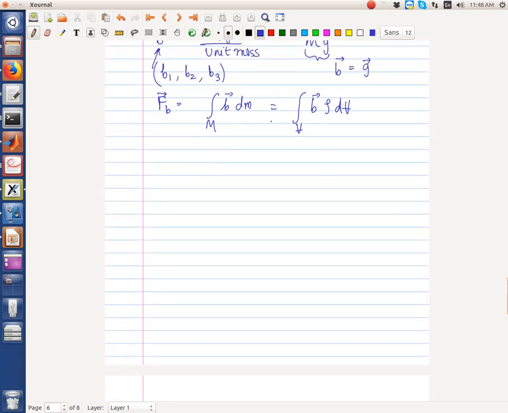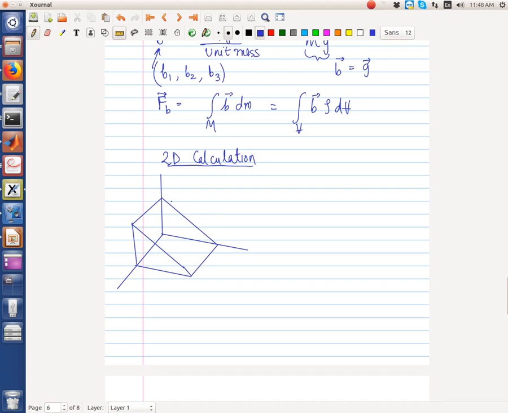Okay, so let us first do a 2D calculation. Let us consider the 3D problem where we have a prism like this, with x, y and z axes.